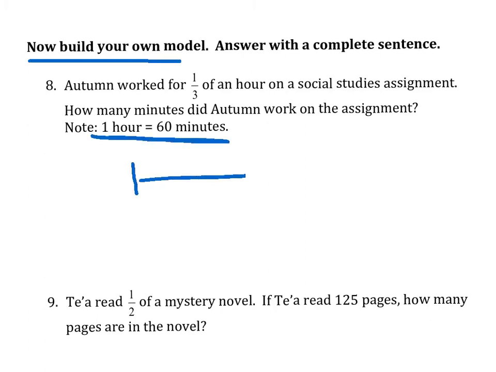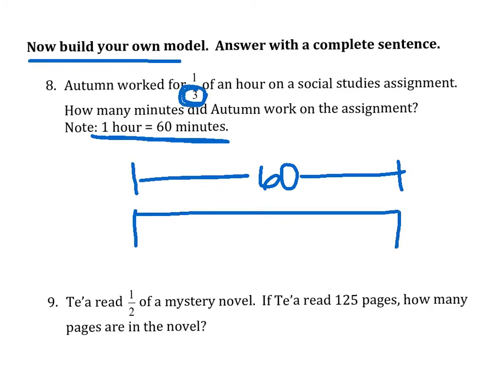So I'm going to make that my whole. And then we're breaking this up into thirds, right? 1/3. So we're going to make 3 boxes. And I'm looking to find out what 1/3 is worth, right?